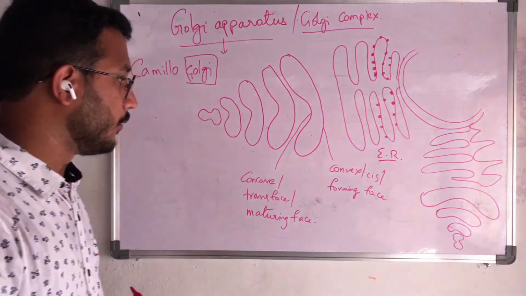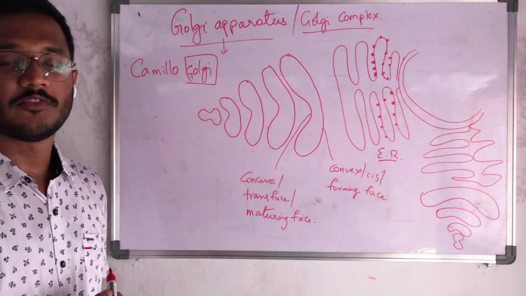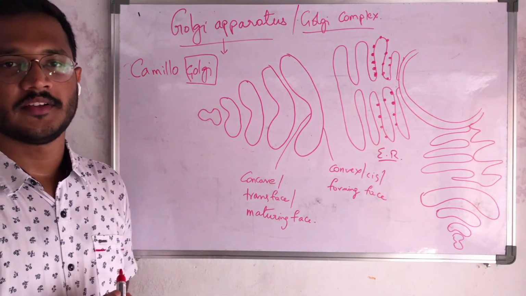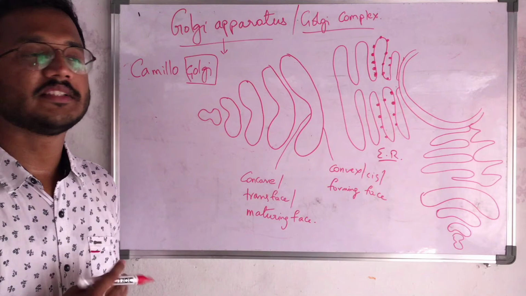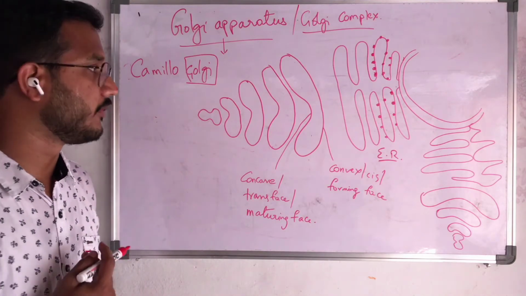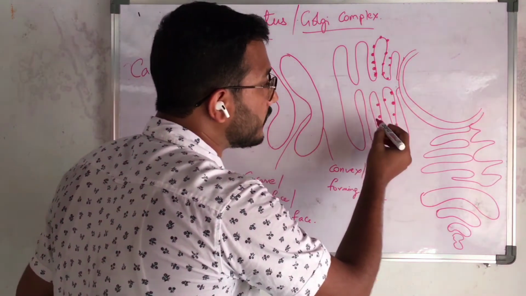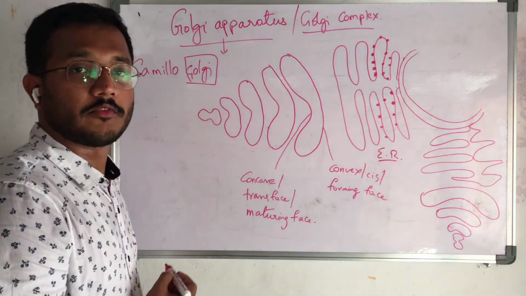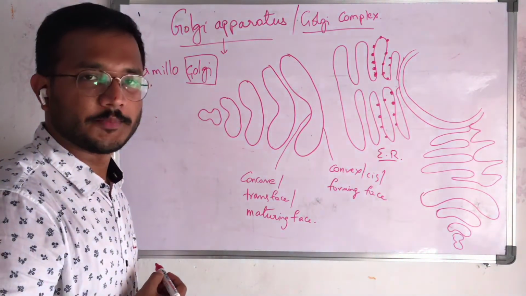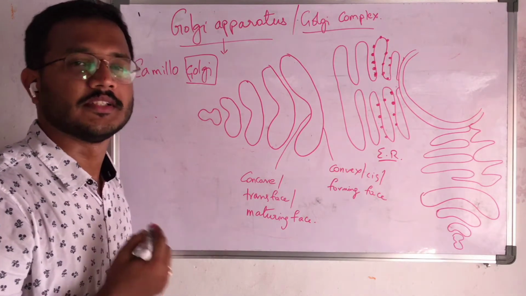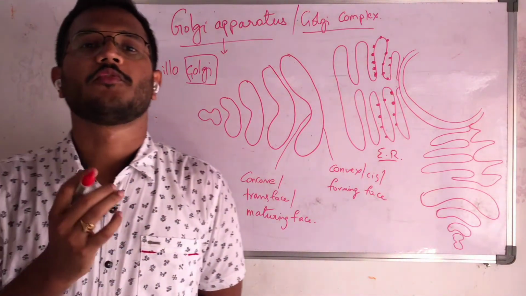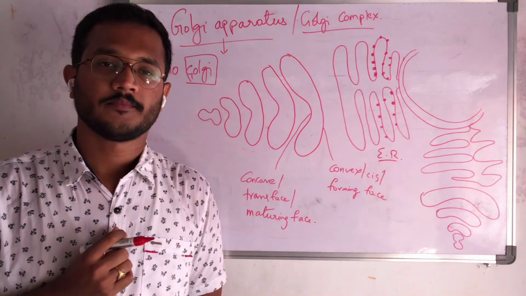Understand? So now we will see the function. Why is it in close association with the endoplasmic reticulum? What is the connectivity between these two? We believe that some materials are formed by the endoplasmic reticulum, but those materials are not fully matured.